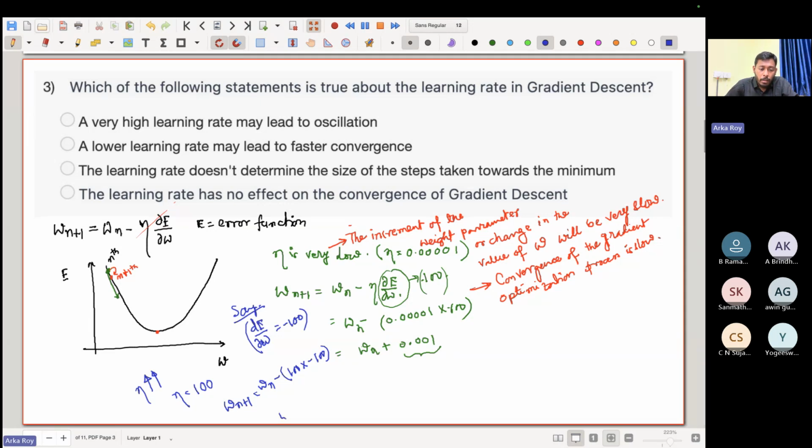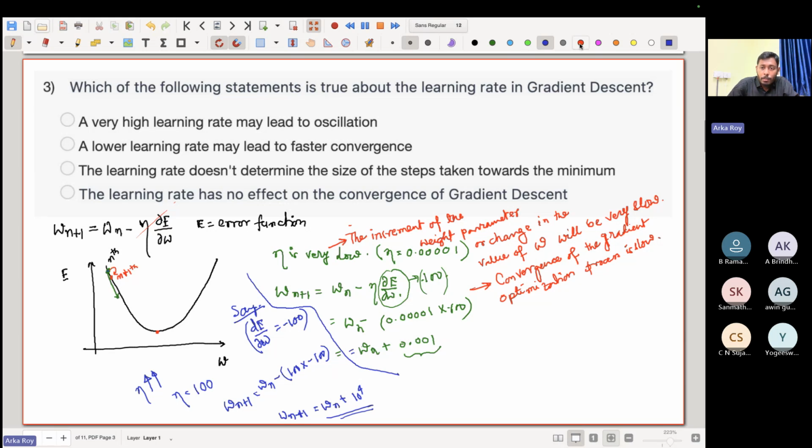So what would happen? In this case, Wn plus 1 is equal to Wn plus 10 to the power 4. So now you can see in the previous case, when eta value was low, we were adding a very small value to Wn. But in this case, when eta value is very high, we are adding a very high value to Wn. So that means you are staying over here in the nth iteration.